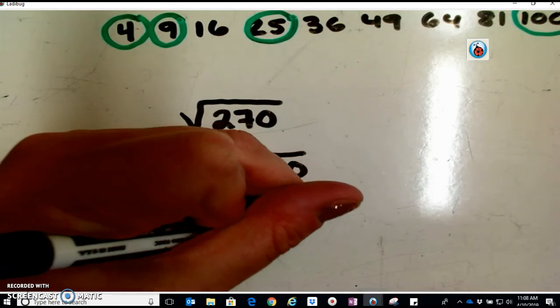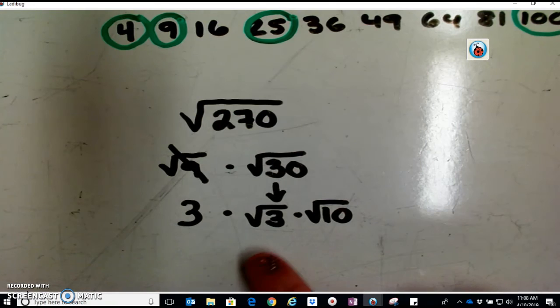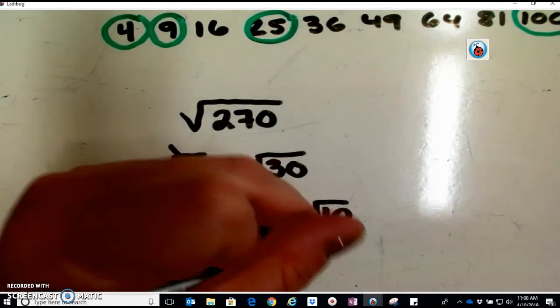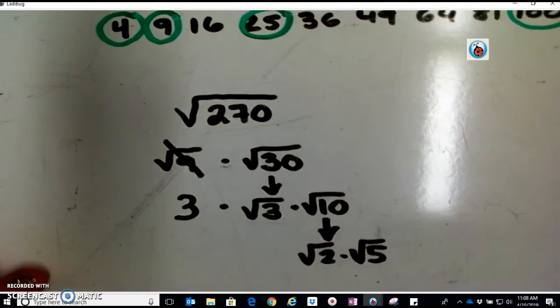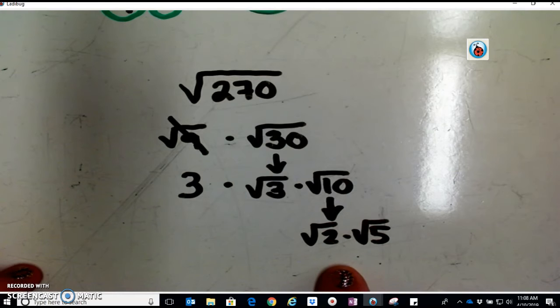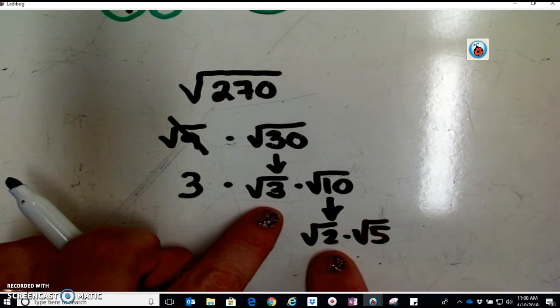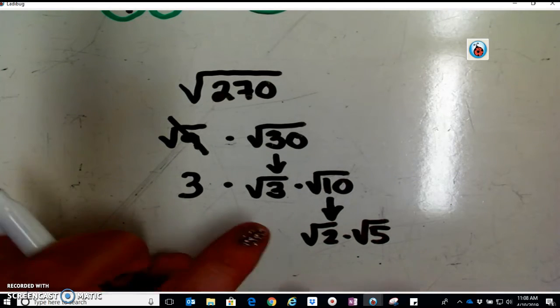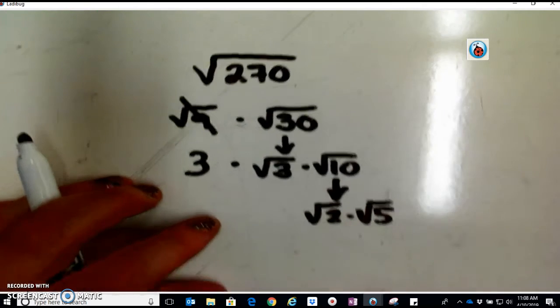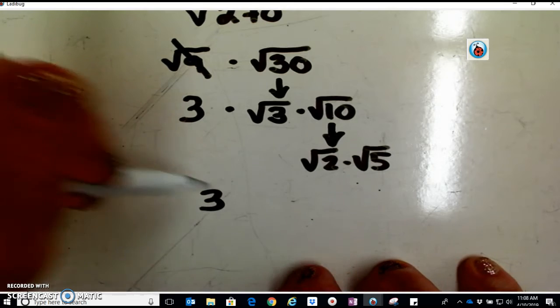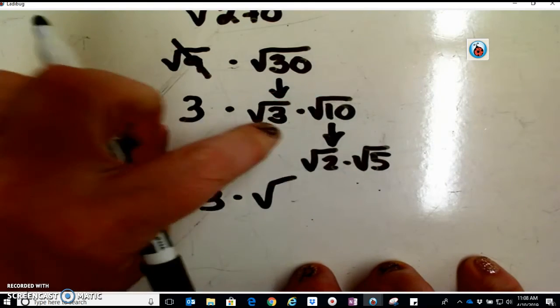3 and 10. I'm like, okay, well, that's prime. Let me keep going here with this one. Square root of 2. So we're falling back on that prime factorization method. And okay, well, look, I didn't have any twins, so these would end up just getting smooshed back together. So that's just going to be 3 times 2 times 5.